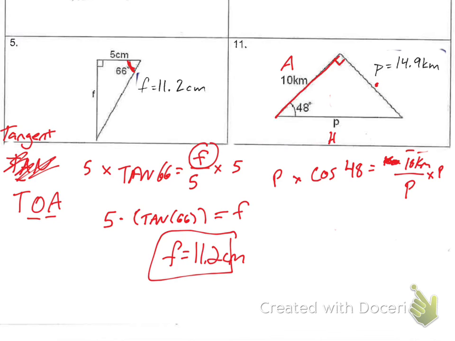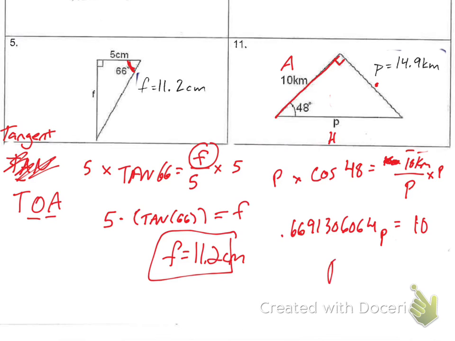So P is equal to 10 divided by that. So 10 divided by 0.669130664 is 14.9.